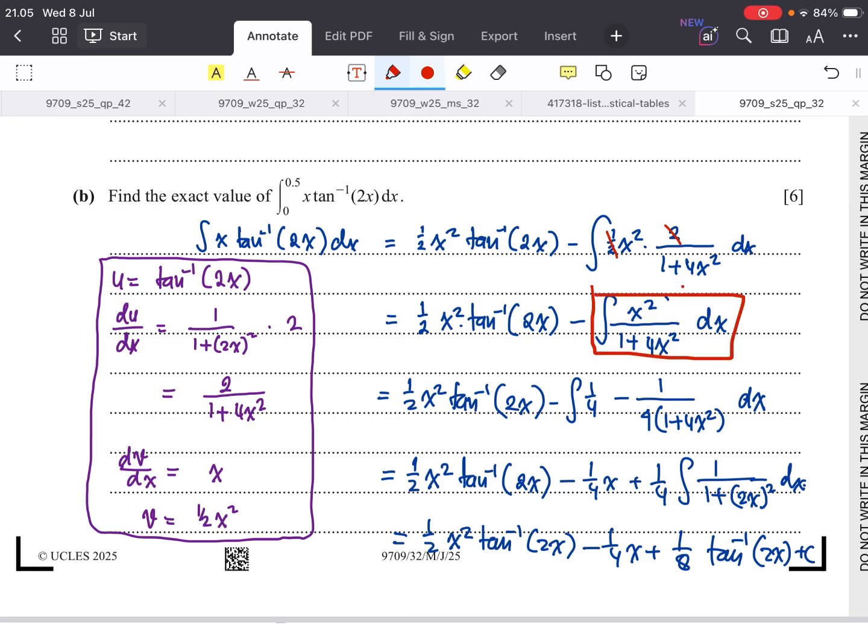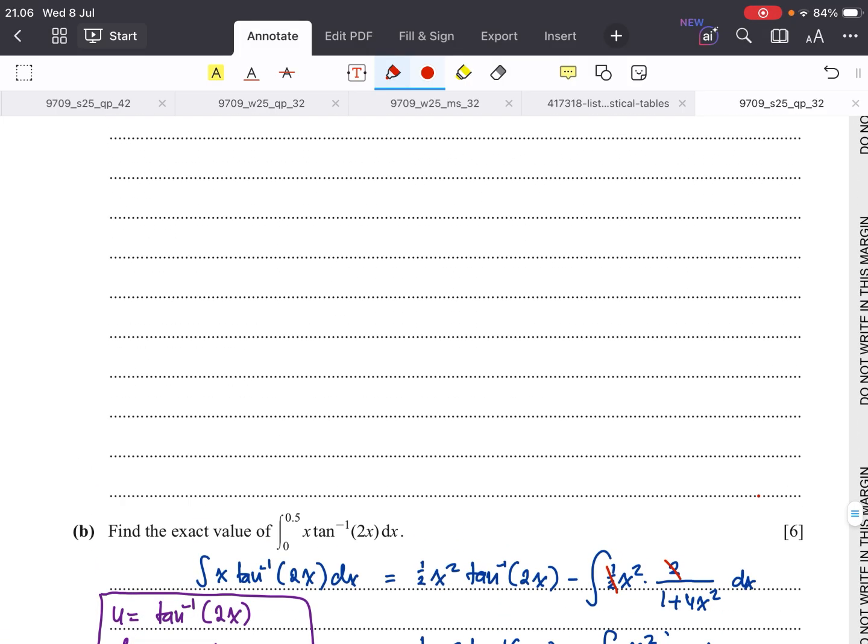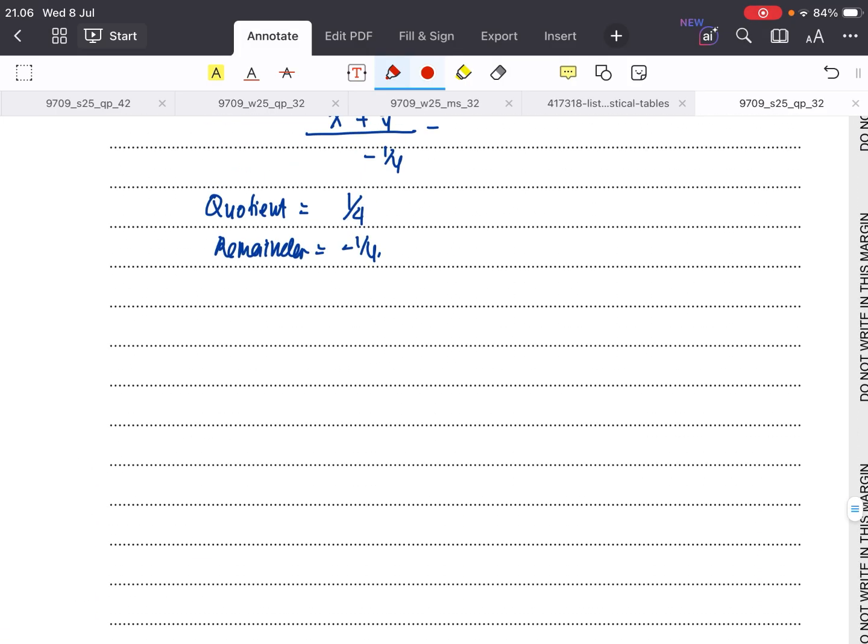In order to integrate this part, we need to divide x squared by 1 plus 4x squared, which we have done before in the previous part. Remember that the quotient of the division is 1/4, while the remainder is negative 1/4.